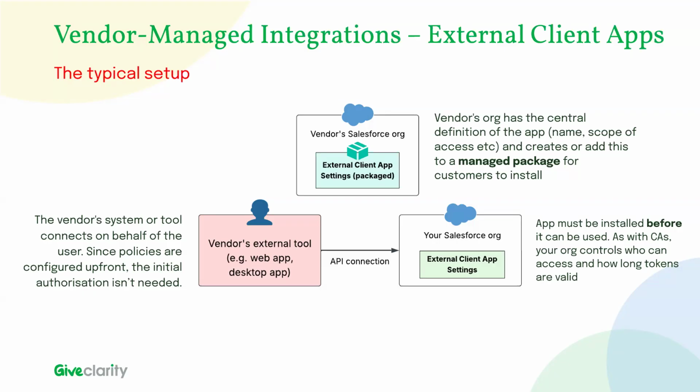Generally that vendor would include the external client app within their managed package, and that means once you install that package into your org, or if you upgrade to a version with the external client app, you'll get the equivalent of an installed connected app set up in your org that way.